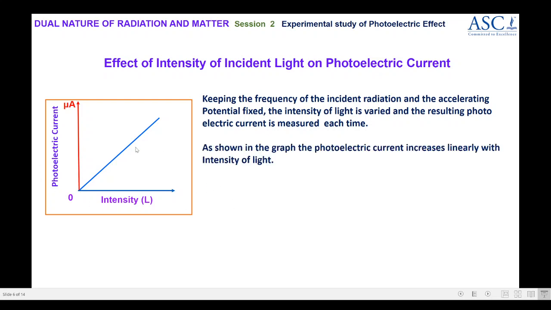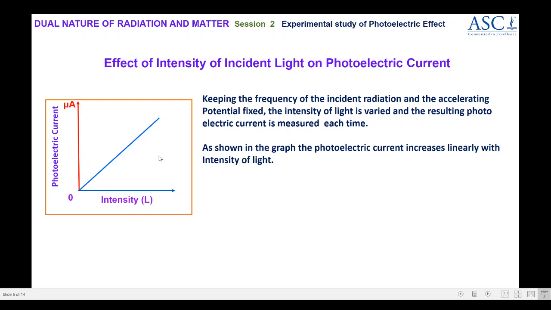Now in the graph you can observe that when the intensity of light is 0, which means when there is no light radiation incident on the cathode, there is no photoelectric current. As you increase the intensity, which means when the light radiation is incident more and more on the cathode plate, then the electrons which are emitted from the cathode also increase and they all reach the anode.